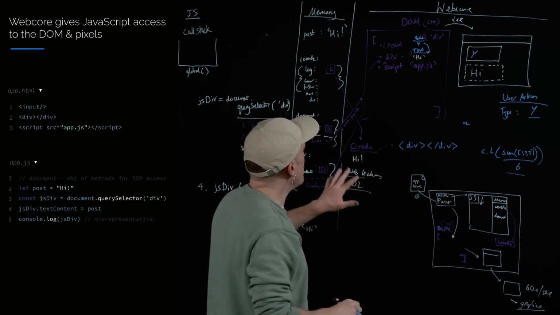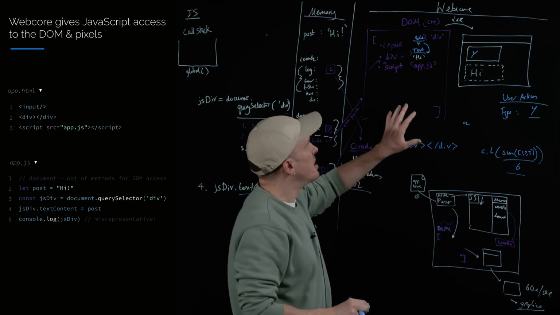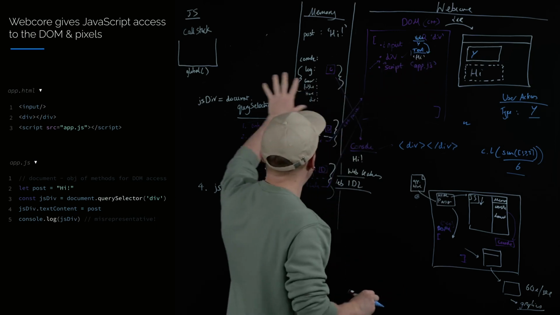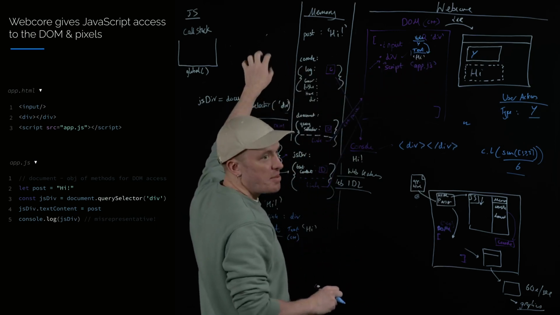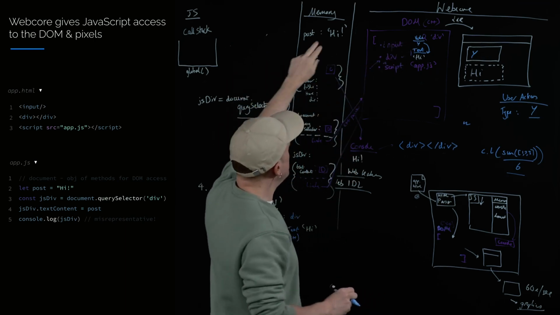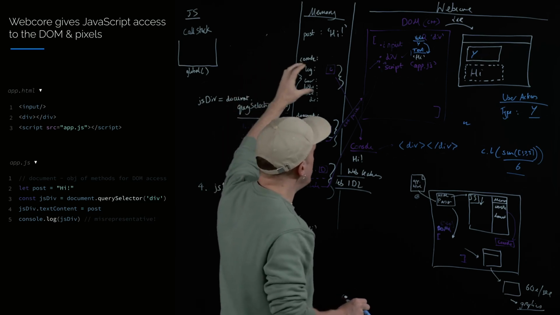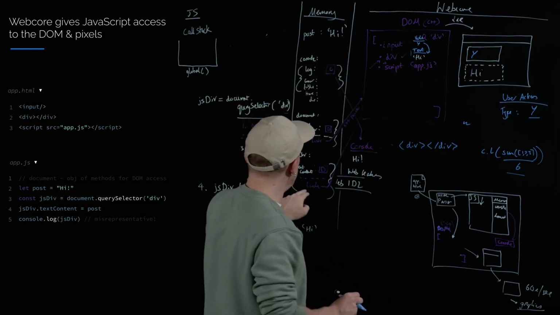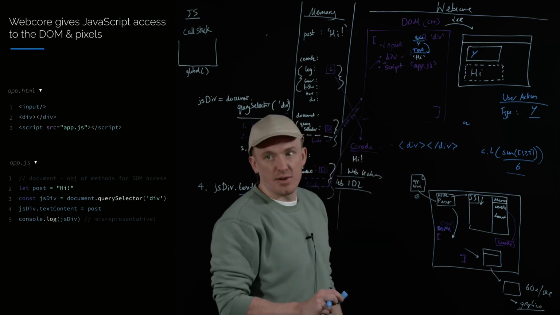Instead, we need the DOM trigger to lead to some code running back in JavaScript that could get that value of y, maybe even save it in JavaScript, and then attach, like we just did, that value of y to that div.